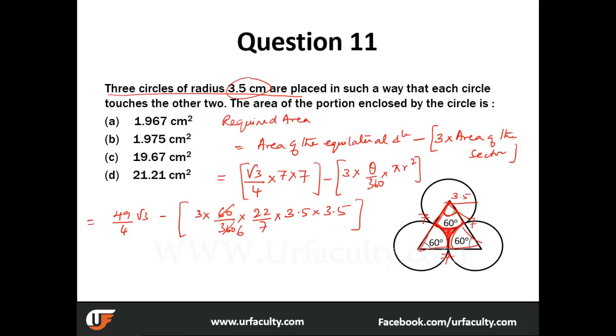We have 6, 2, 11, and we are left with 0.5 here, right? If you put it as 35 by 10, it will be even more simple for you. And then you need to do the calculation for this. If you are given a calculator, do the calculation, and you will get the answer as 1.967.